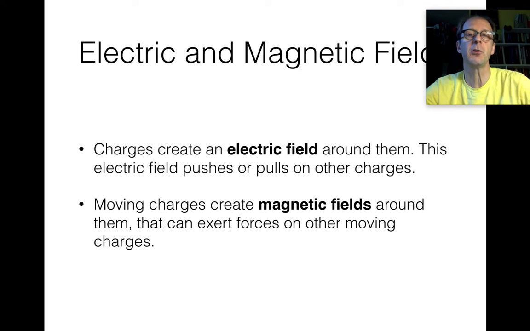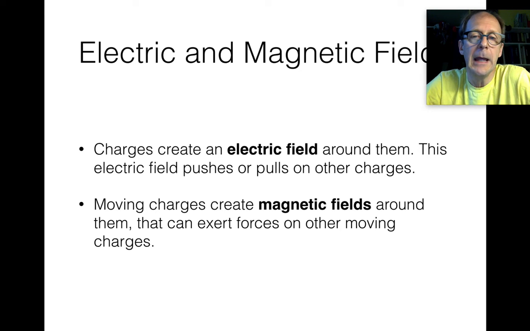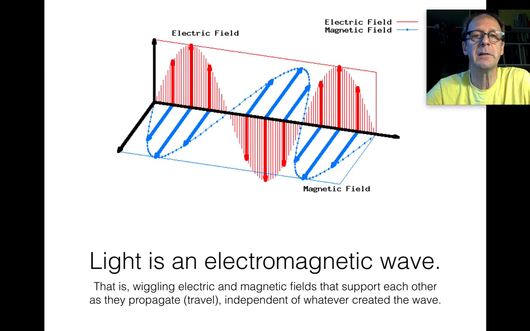So chemistry is all about electric charges. And then there are things called magnetic fields, and magnetic fields can exert forces on magnetic poles, and can also exert forces on electric charges if the electric charge is moving relative to the magnetic field. And so those are electric and magnetic fields.